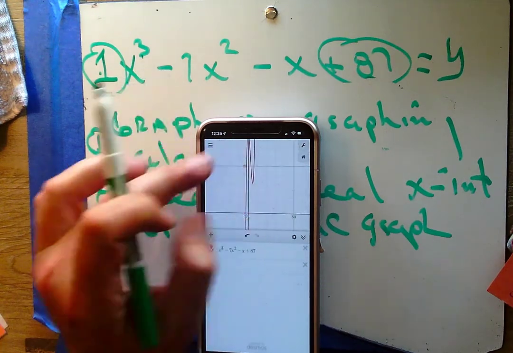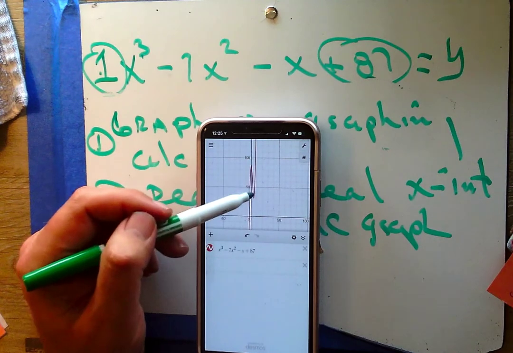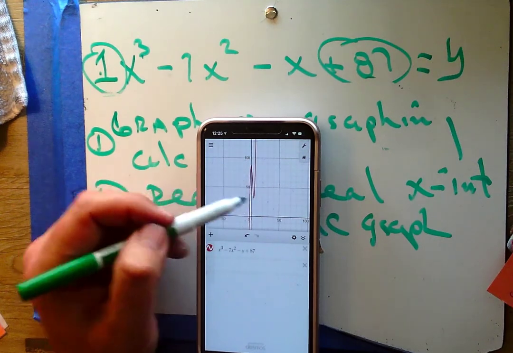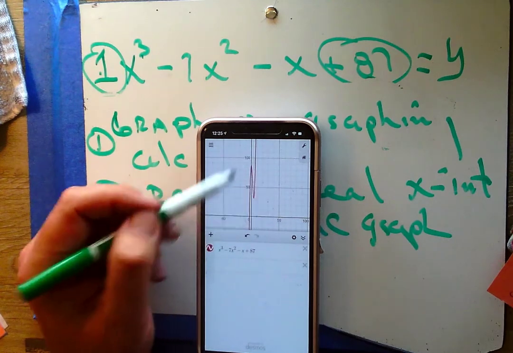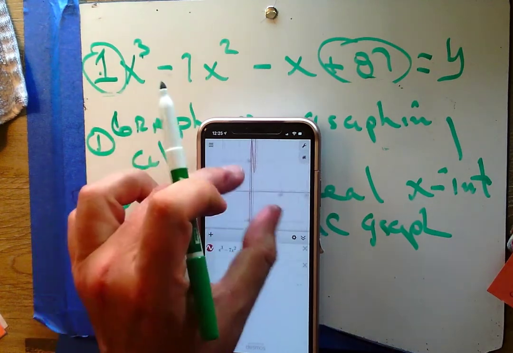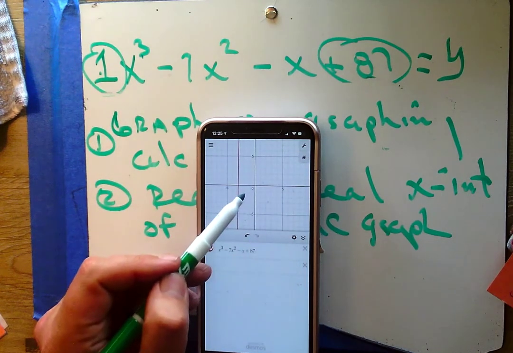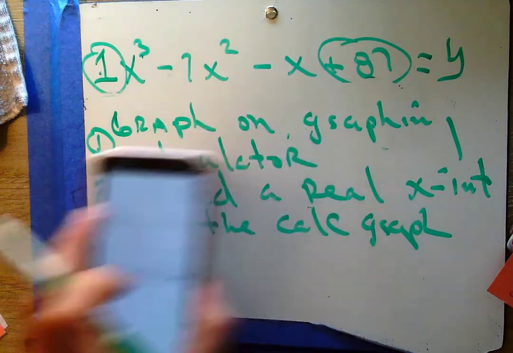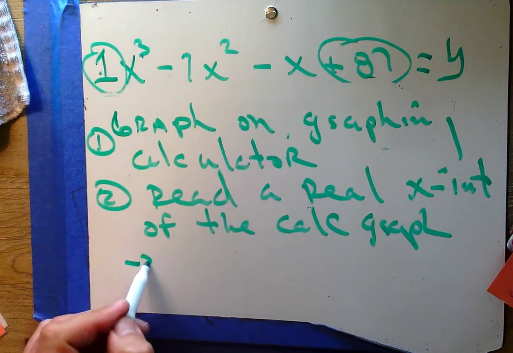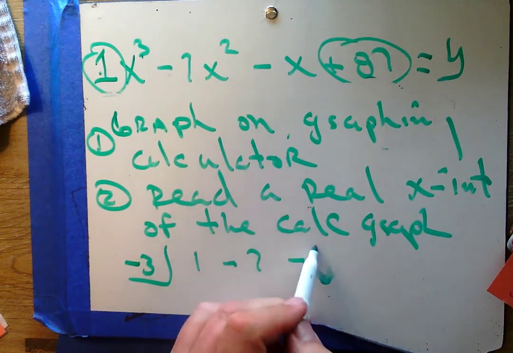Now when we look at this, see that shape? That's the thing I told you if you want to come into office hours. This is definitely the effect of those two complex roots in here. But I do see only one x-intercept, negative 3. And so I read that x-intercept off the graph, and then I go about my synthetic division business.